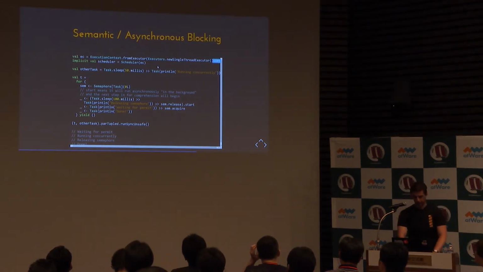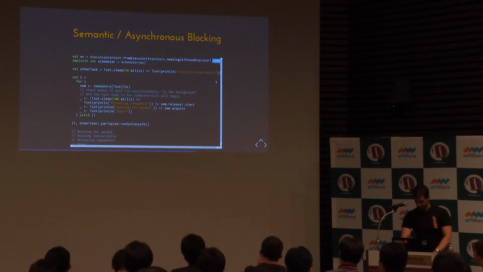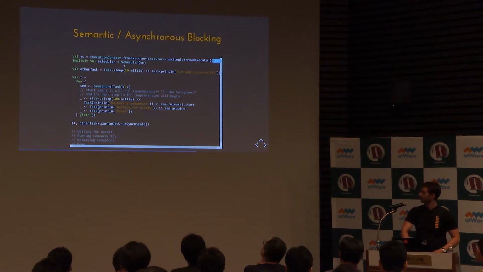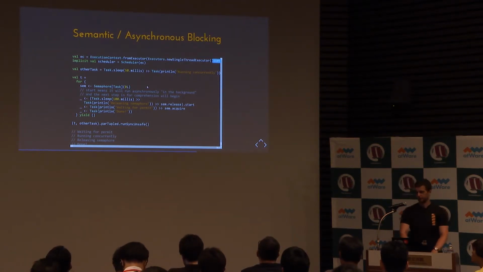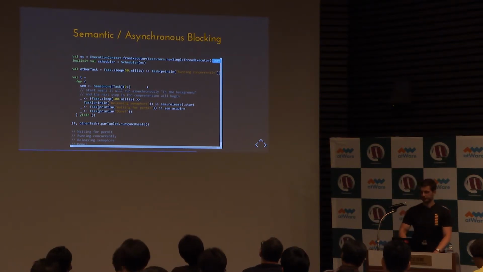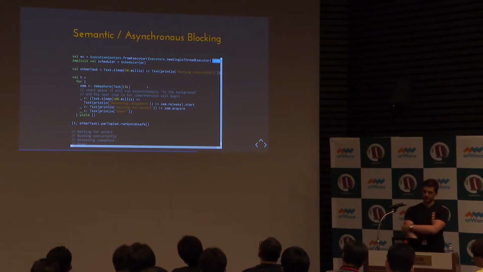So here's an example. This one is a bit involved, so don't worry if you don't understand it. I recommend checking it out from the slides. But here I define a scheduler that has just one thread. And we will run 3 tasks concurrently that will do some blocking operations, and we will see if they can progress.